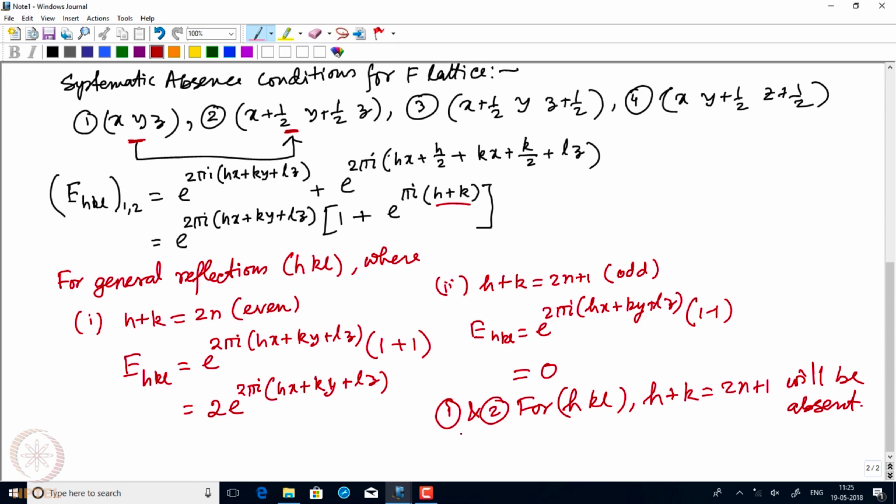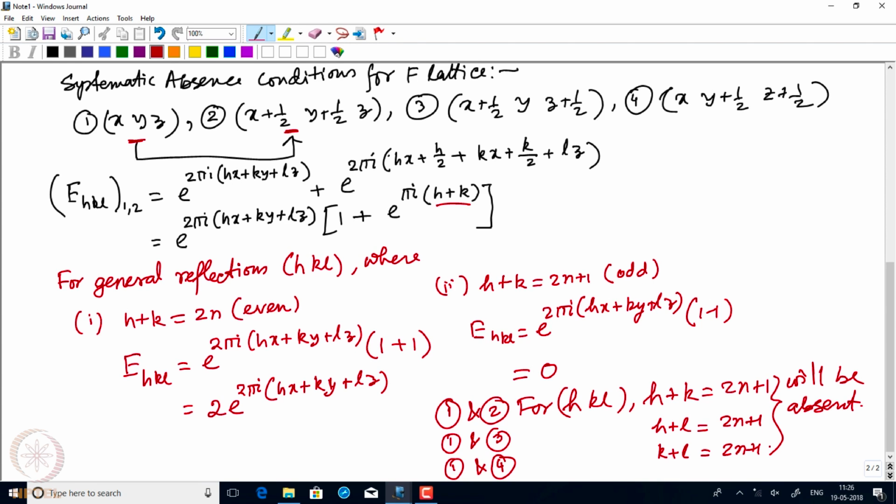Similarly, if we do the same for 1 and 3, we will see that h plus l equal to 2n plus 1 will be absent. If we do the same for 1 and 4, we will see that k plus l equal to 2n plus 1 will be absent. That means for a face-centered lattice, all these 3 conditions should be simultaneously satisfied, then only we will say that there is a face-centered lattice.